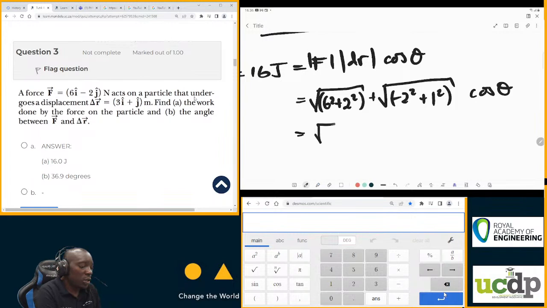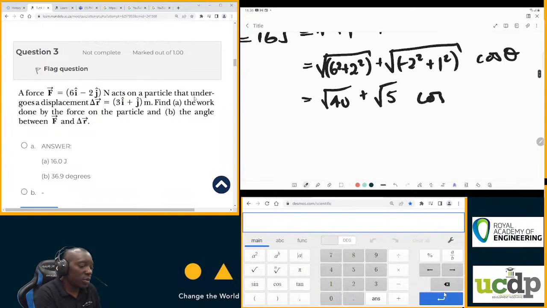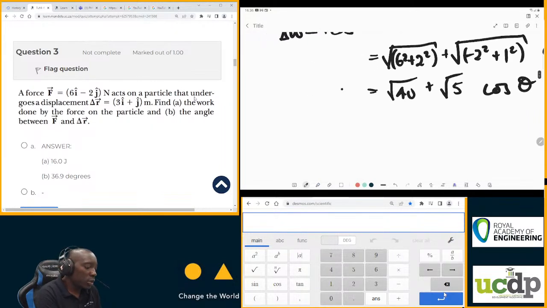So that's root of 36 plus 4, root 40, times root of 4 plus 1, root 5, which is basically the root of 200 times cos theta. So this is 16 over root 200, or root 40 times root 5.